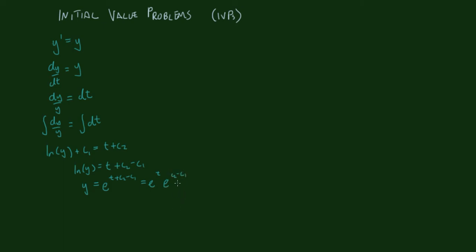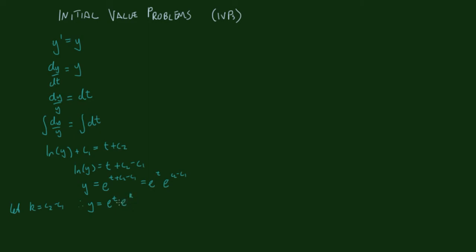So c2 and c1 are just simply constants. So if I let k equal the constant c2 minus c1, what we then have is y equals e to the t e to the k.